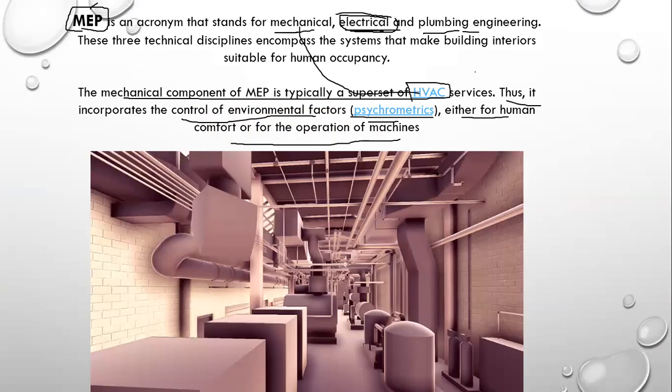Electrical, plumbing, and firefighting are separate fields. Plumbing deals with the supply of air, supply of water, and the drainage system, and how to calculate the pipe sizes. That is the role of a plumbing designer. And if anybody is interested in MEP, he can learn all these departments, like electrical, plumbing, and firefighting.